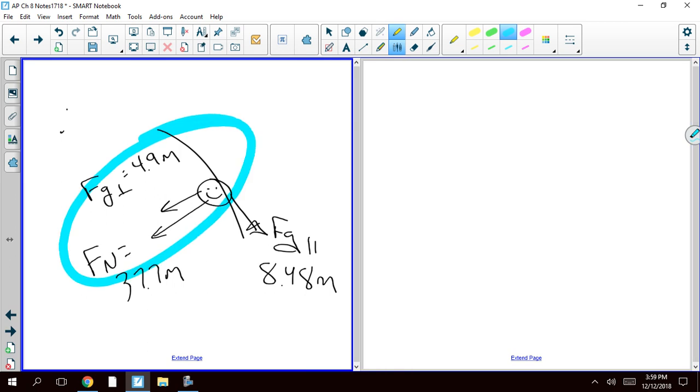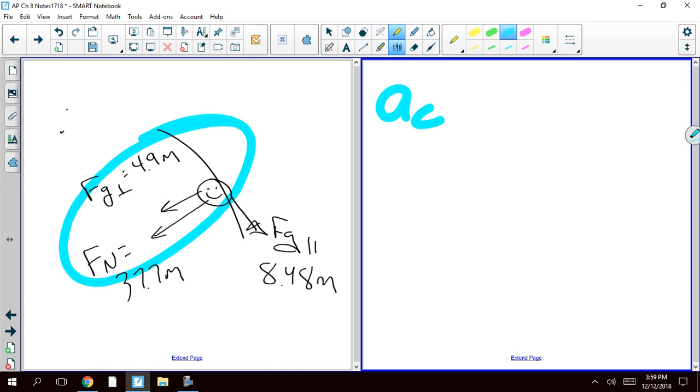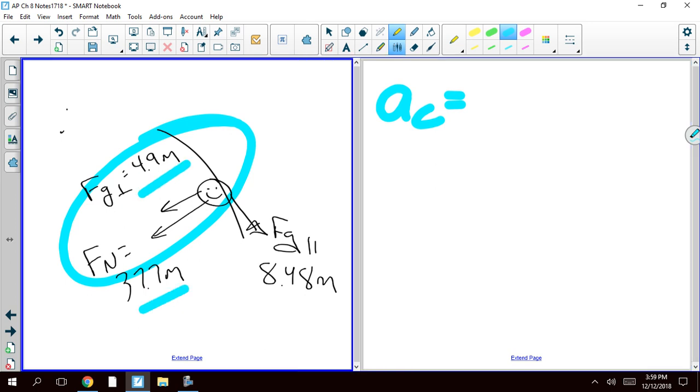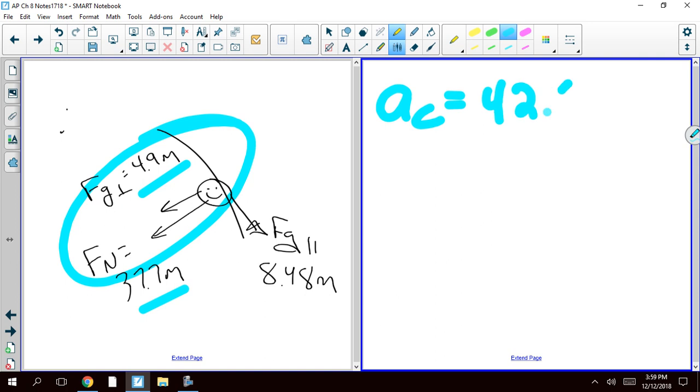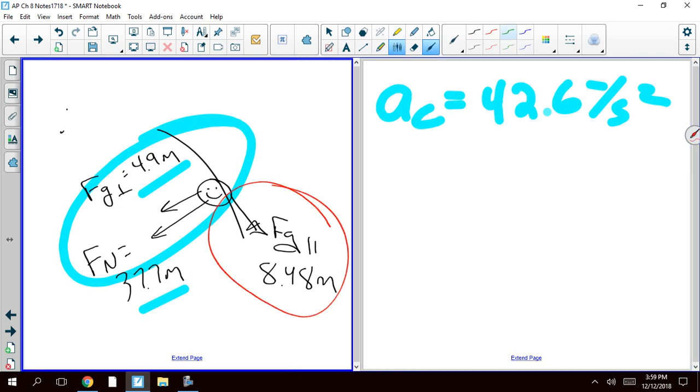We already figured that out, right? Centripetal acceleration is, it was 42.6, right? Because that's where we got the 42.6m. Okay? But then there's also a tangential acceleration producing us slowing down.